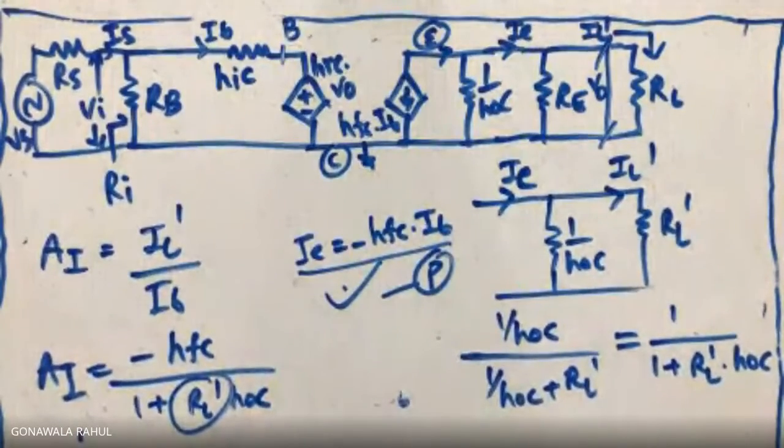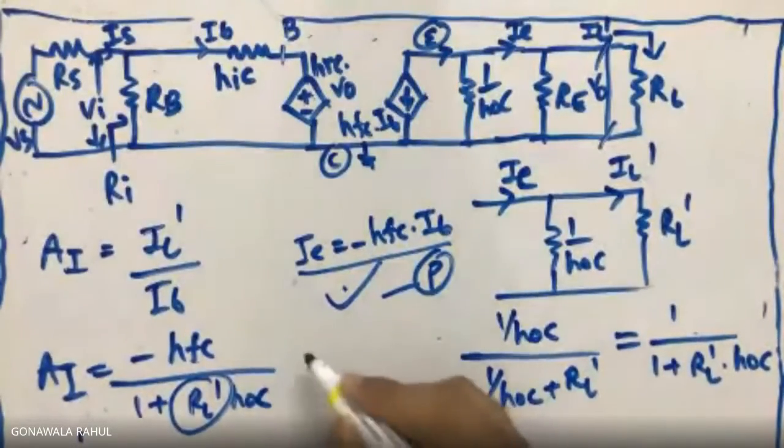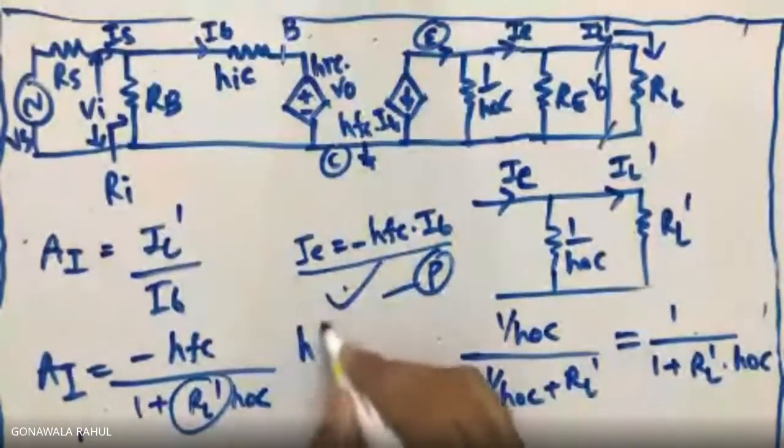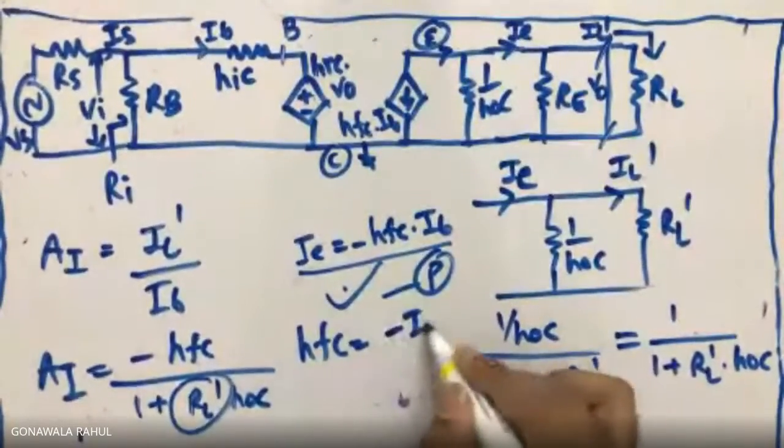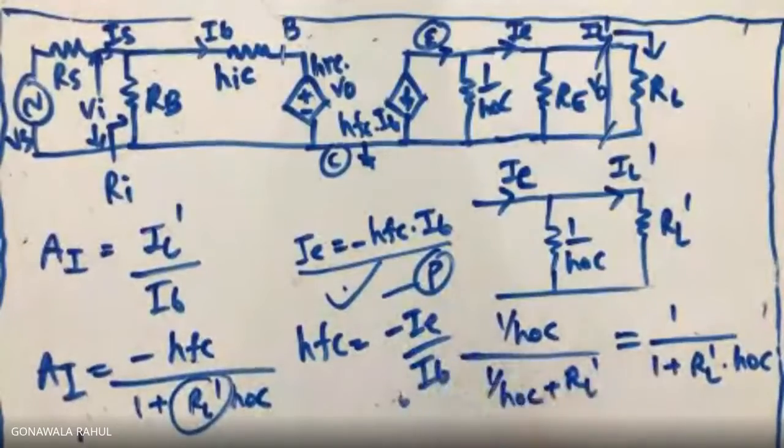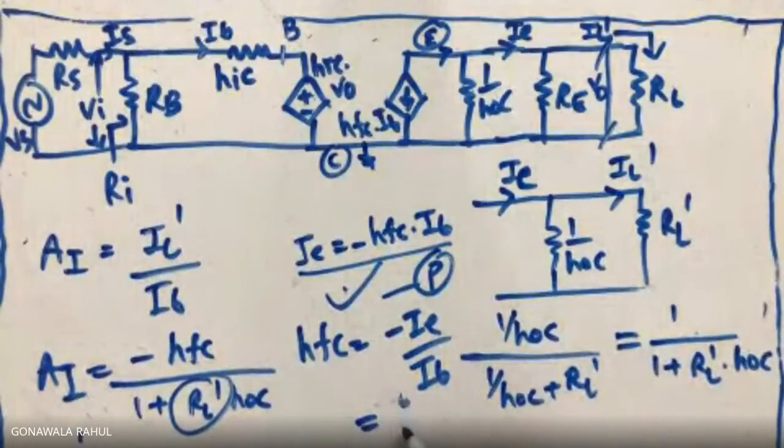Now, as we know, HFC is equal to minus IE by IB, and by the conversion formula that we have already covered, HFC is equal to 1 plus HFE.